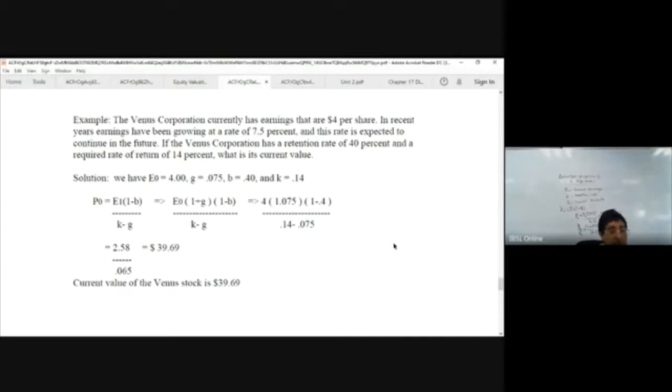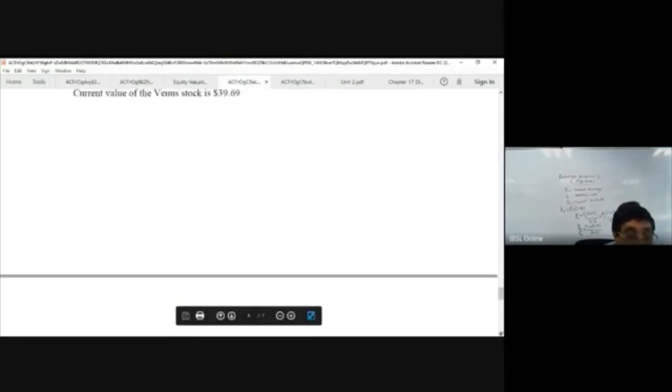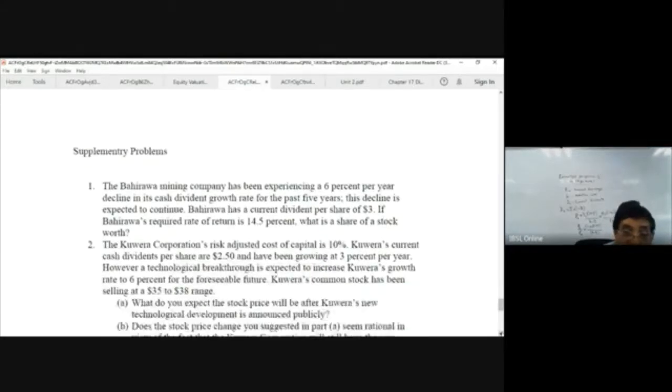You have to derive the equation in earnings terms, the one-stage model. Normally the one-stage model starts with P0 is equal to D1 divided by K minus G. D1 also can be replaced by D0 into 1 plus G. So D0 can be taken as E0 into 1 minus B. That is what we did here.